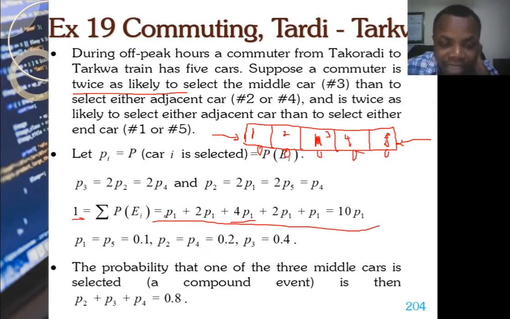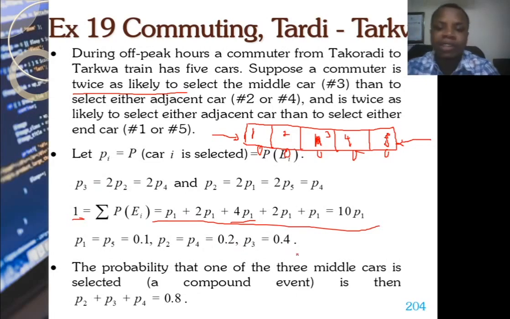Once we have estimated our P1, we could find our P2, which is 2 times P1, equal to 0.2. So there is a 20% chance that the commuter is going to select car 2, or the fourth car. Now once it comes to the third car, that is equal to 2 times P2. And remember we have P2 equal to 0.2, and that gives us 0.4.